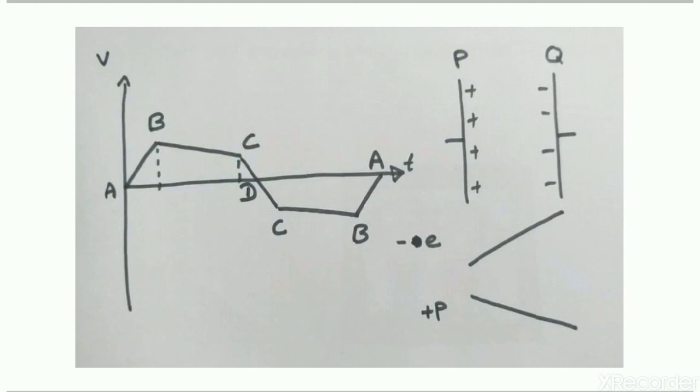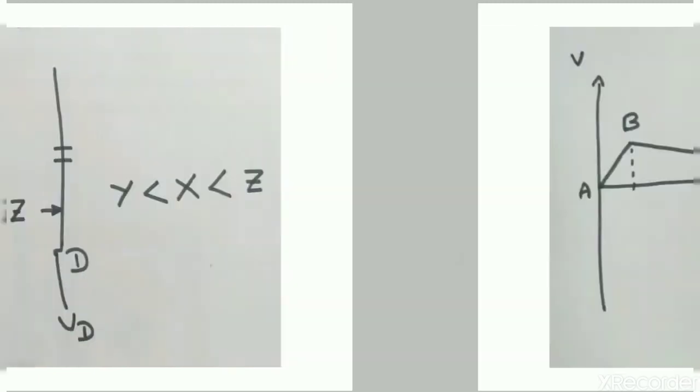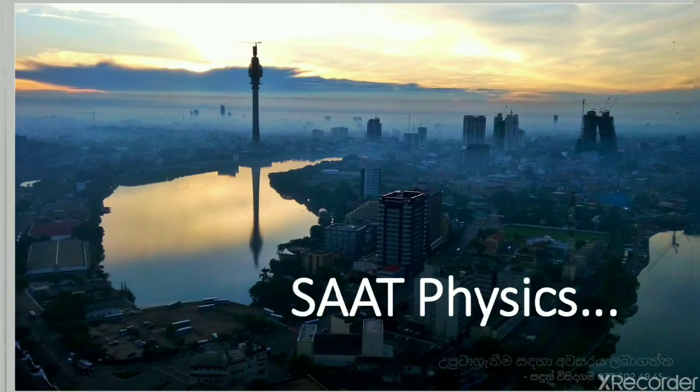That means the highest voltage at VB, and then C, and then D. That is descending. From A to B, there is an acceleration, so there should be low voltage in VA and high voltage in VB. That is it. It is not difficult if you get these things clearly.